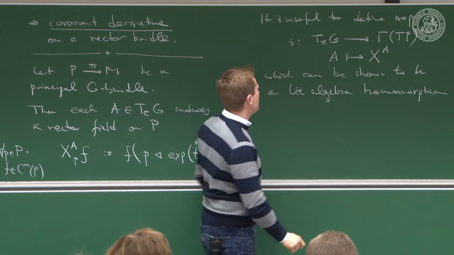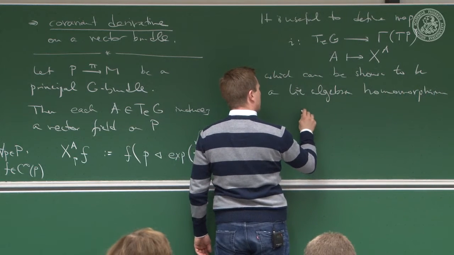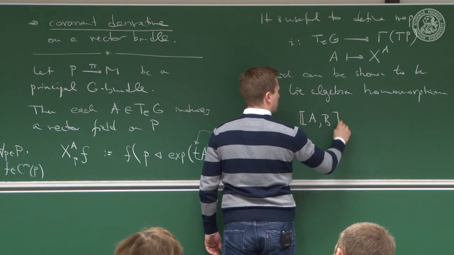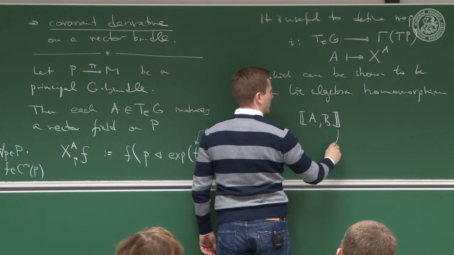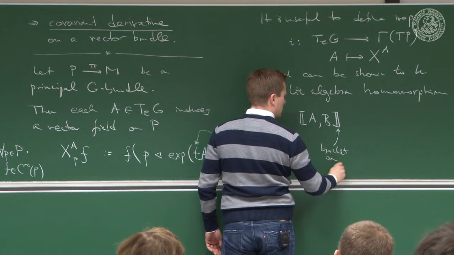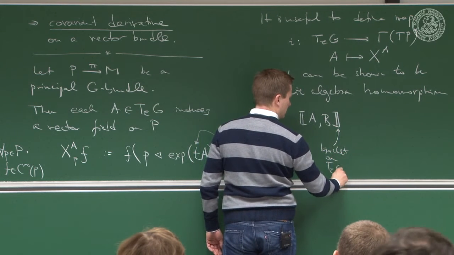Because clearly this is a Lie algebra, I can actually take two elements, A and B, in this Lie algebra, and this bracket is the Lie bracket on TeG that we constructed.